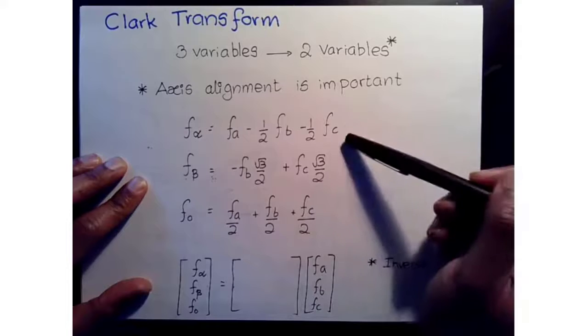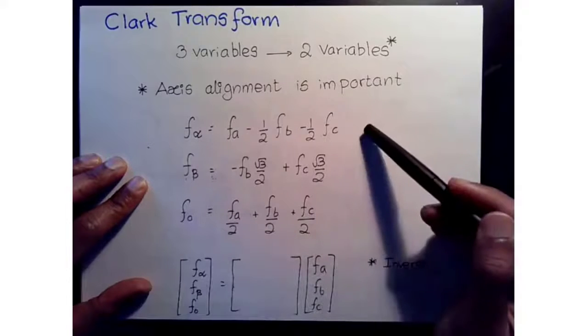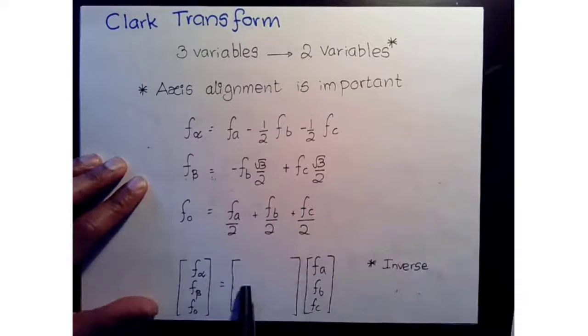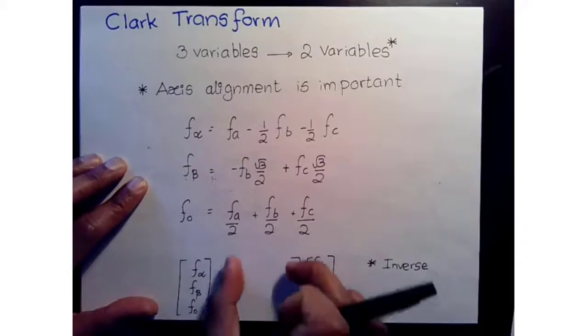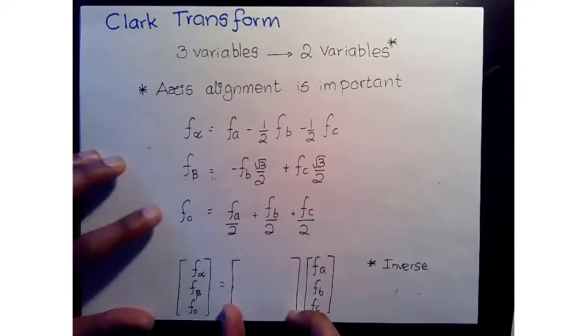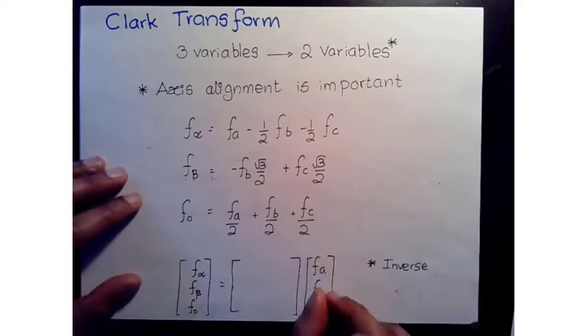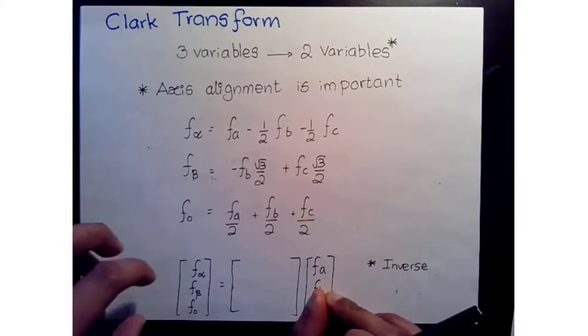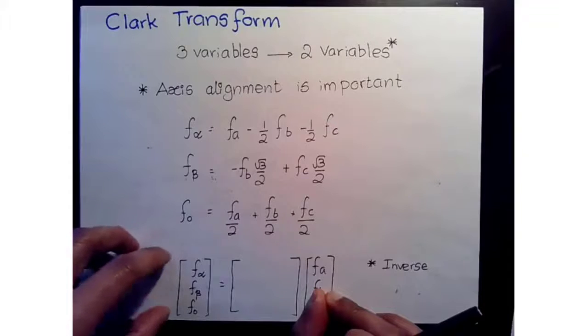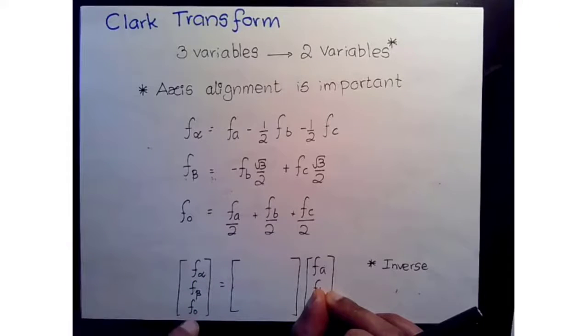So this is the Clarke transform, and you can show it in matrix form. Also, if you want to transform from alpha beta zero back to ABC, you can compute an inverse matrix for that. So your F ABC is going to be the inverse of the Clarke transform times F alpha beta zero.